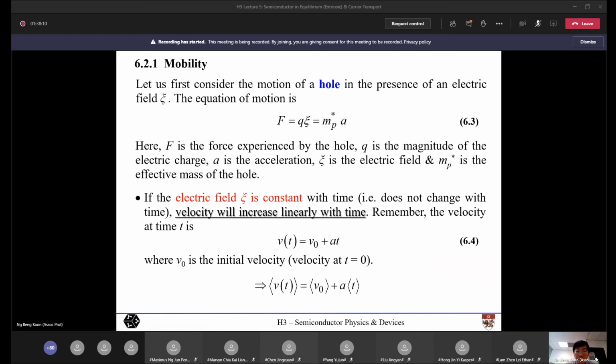Notice that in this case, we use the effective mass because the hole is in an environment that's influenced by the atoms in the crystal. And so this interaction with the atoms in the crystal, the effect is basically included in the effective mass. And this takes into account the internal forces, so to speak.